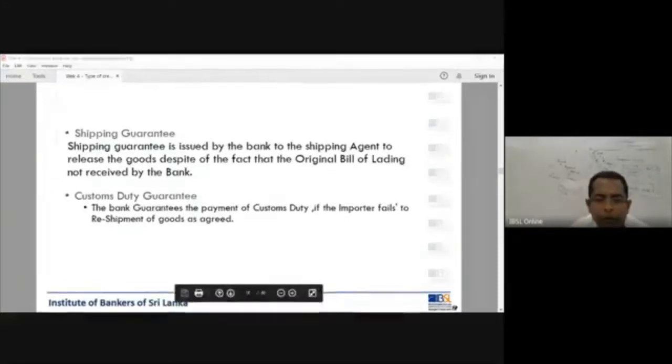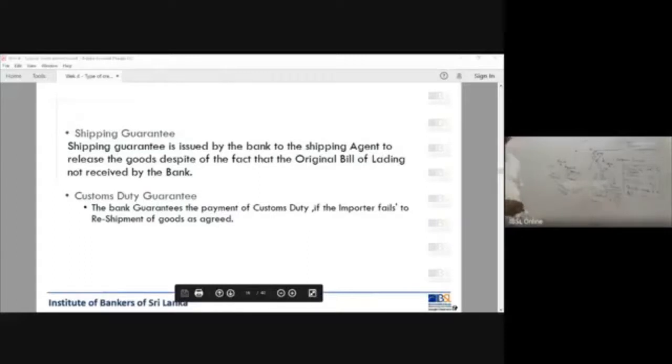Okay. Shipping guarantee. I told you that goods are consigned to Bank of Ceylon and documents come this way, bank to bank.